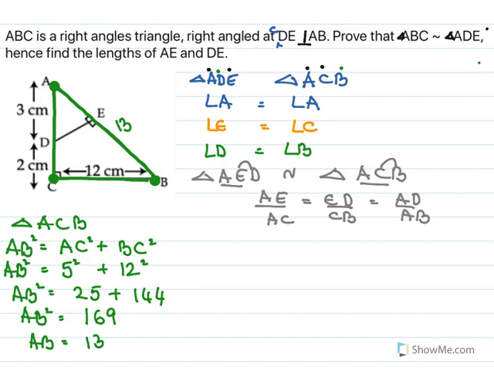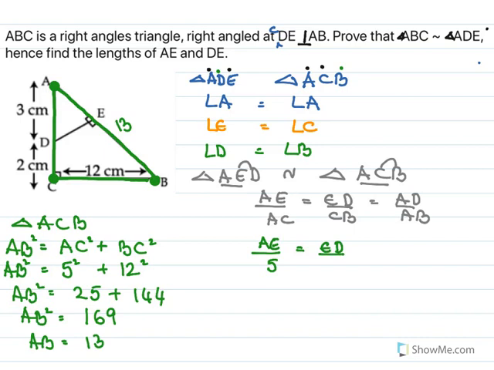Now let's put up our values. Look up in the figure and see how much is AE. We do not know how much is AE, so we write AE here as it is. Look up and see AC. AC is 5, 3 plus 2. ED is also not known.